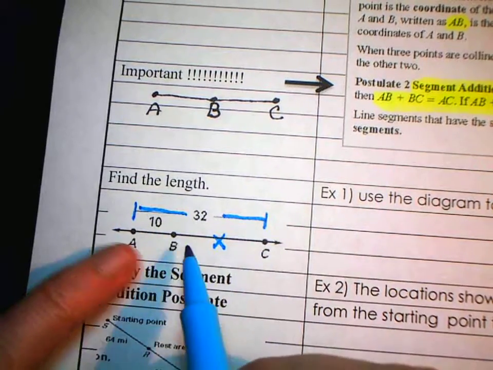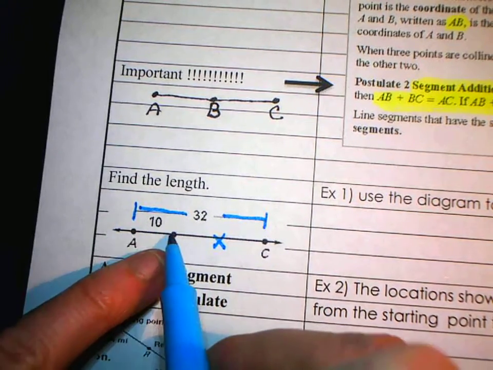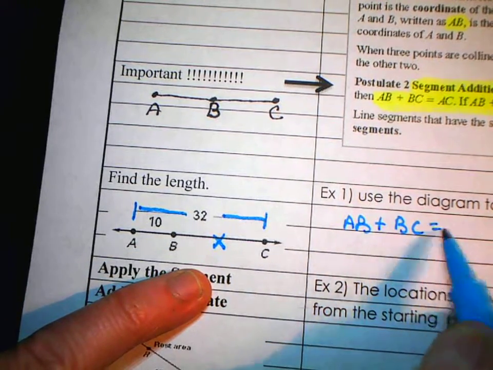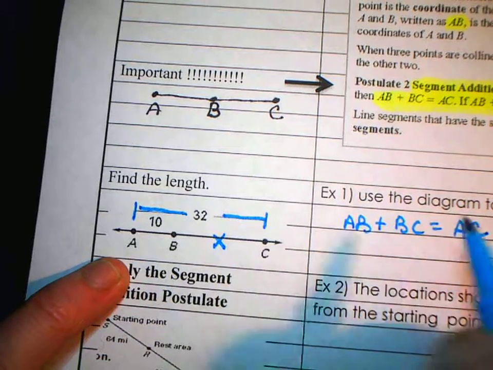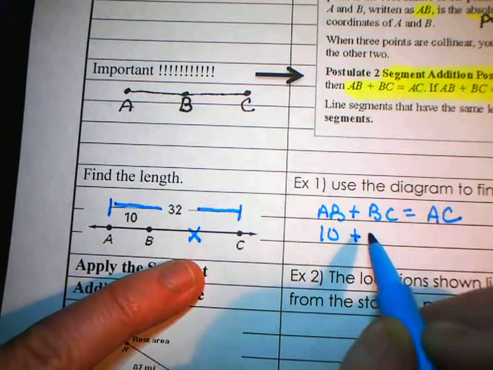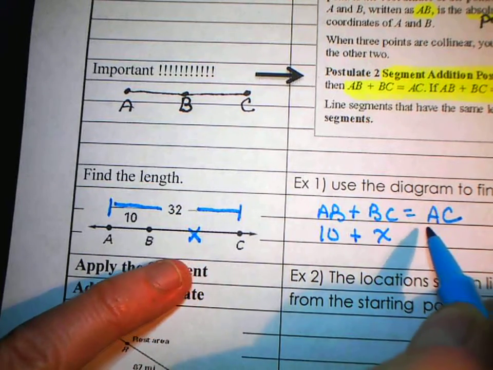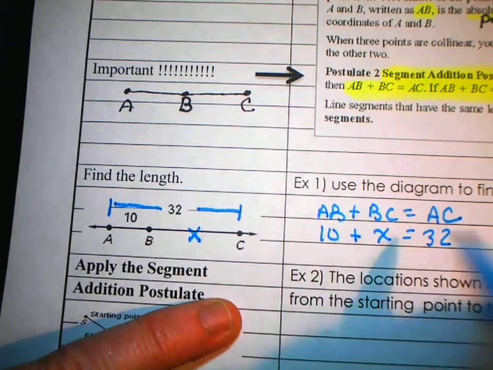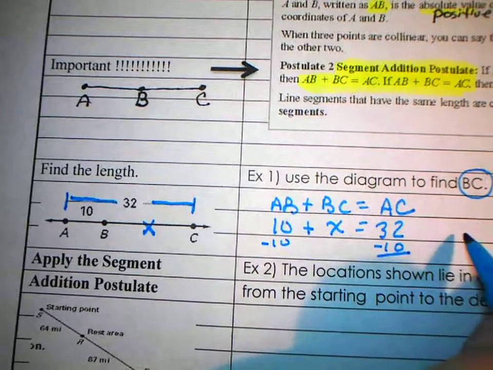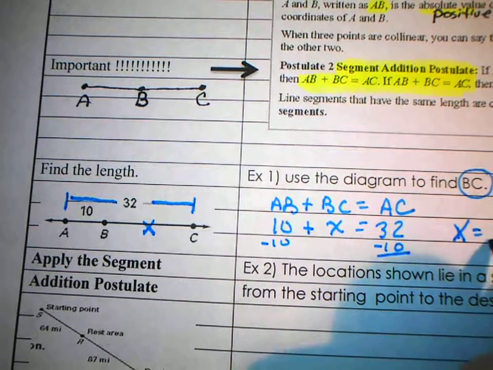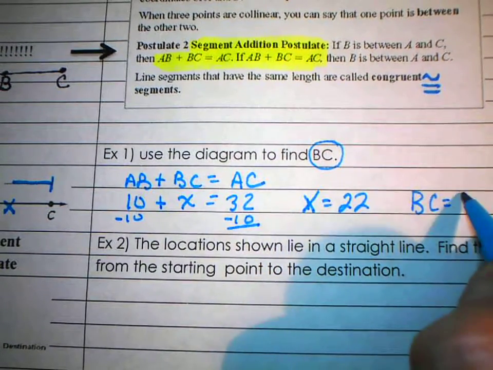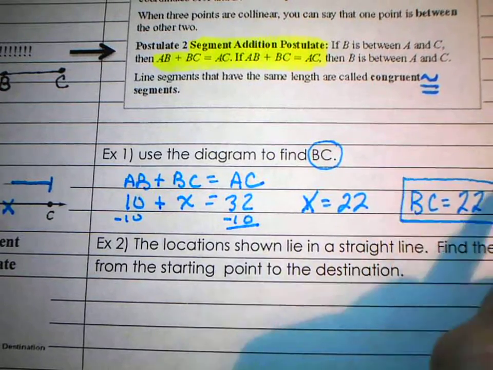So if I use my segment addition postulate, AB plus BC should equal AC. Substituting the values, AB is 10 plus BC is my x, and AC is 32. I have an algebraic equation where I just need to subtract 10, and that tells me x is going to equal 22, which also means BC, for the correct notation, is 22.